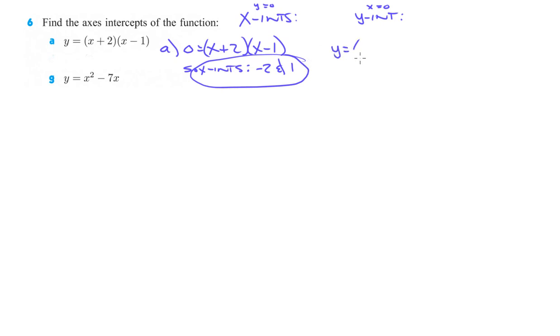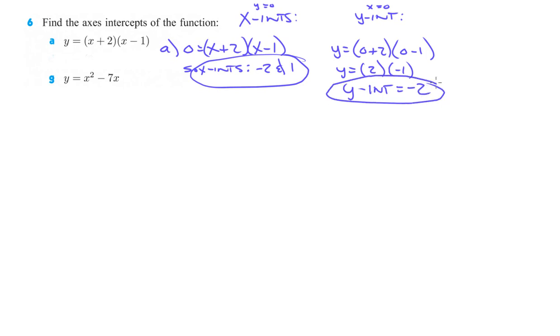So that's y equals 0 plus 2 times 0 minus 1. So y is going to equal 2 times negative 1, so y is negative 2. Let's go back and change that into y-intercept equals negative 2. Okay, so there's our x-intercepts and our y-intercept for A.